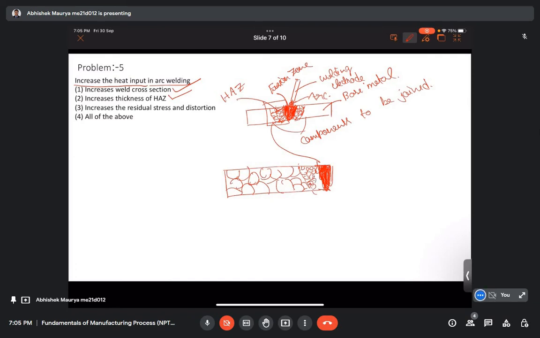Because of heat transfer in the heat affected zone, the grain size has been reduced. Near this region, earlier we had bigger grains, now near the bigger grains we have a smaller grain size, and this region is heated and then gets cooled quickly.